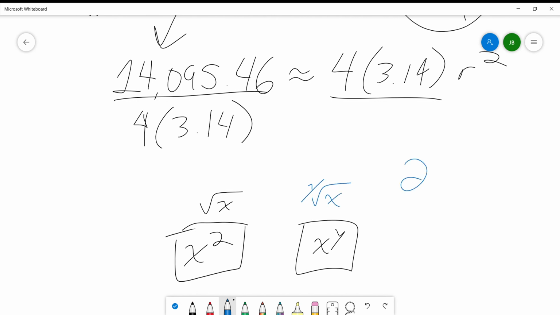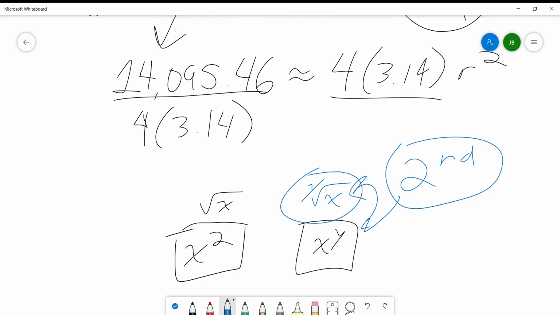And then you have this button that says second. When you push that button, then this button starts to do this operation instead. You see that? If you push second and then the button, it usually does its reverse. So a power becomes a root. That might be true on your calculator. Inspect and confirm or deny.